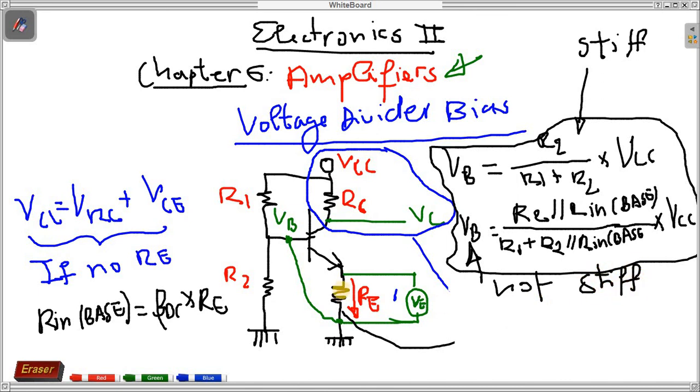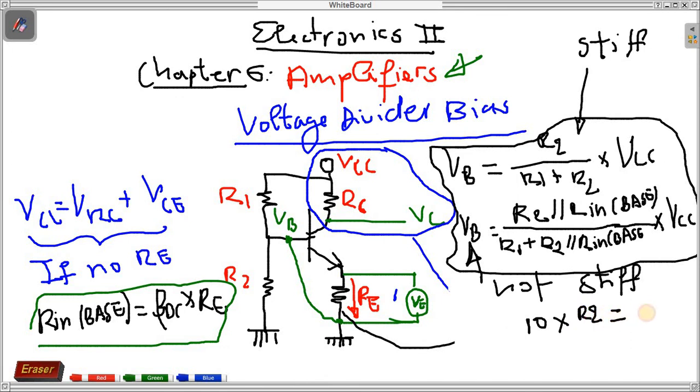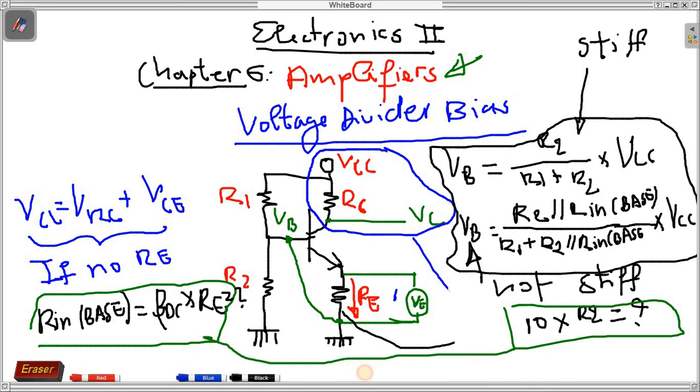To do the test, to know if your transistor is stiff or not stiff, there are two calculations we're going to cover here. You must first calculate R in base, and then you calculate 10 times R2. The answer you get here and the answer you get here, you compare these two answers.